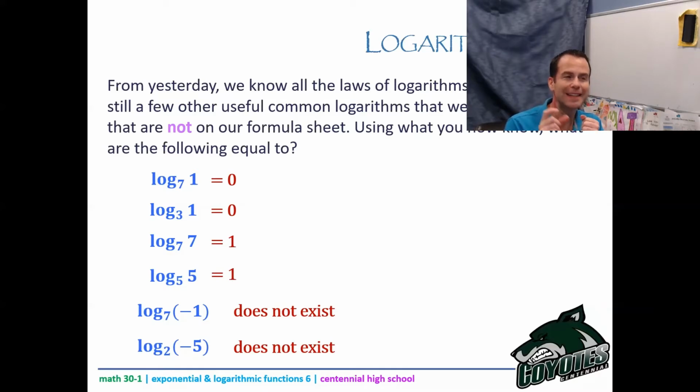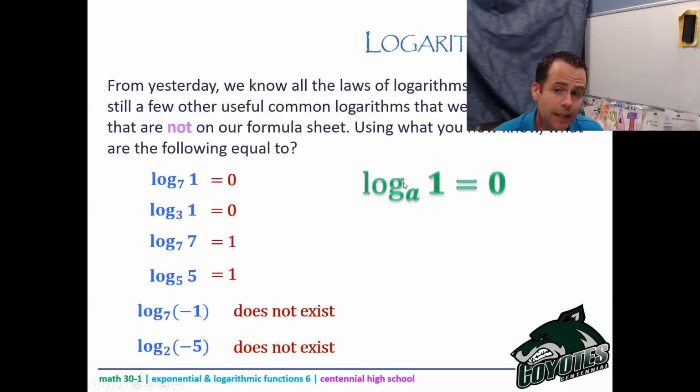Log base anything of 1 is 0. So we say log base a of 1 equals 0, where a can mean anything. When I have log base 7 of 7 or log base 5 of 5, we can take that to log base a of a. So if the base and the thing I'm taking the log of are the same, that's always going to equal 1.